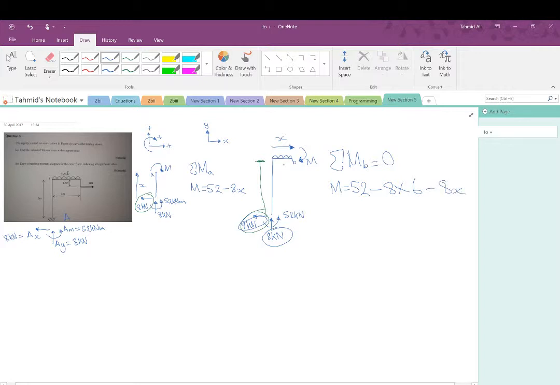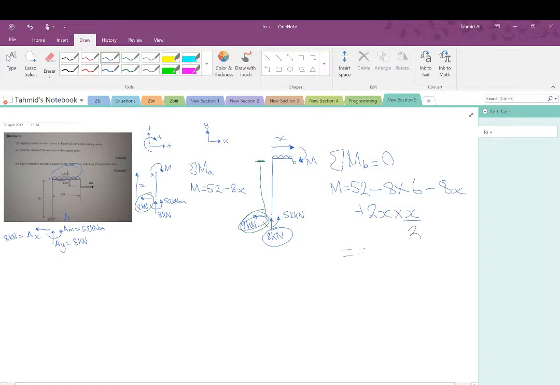However, you have this uniform load, which now you have to consider. Now this is making it go anti-clockwise. So that means, similar to the 52 kilonewtons, it is also going to be positive. So it's going to be plus the uniform load, which is 2 kilonewtons per meter, so it's going to be 2x, times the distance away from B, which is half of x, so times x over 2.